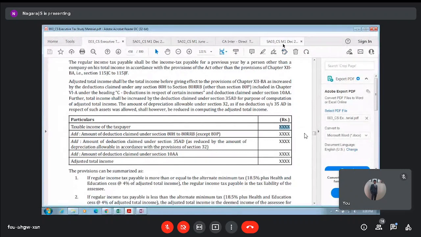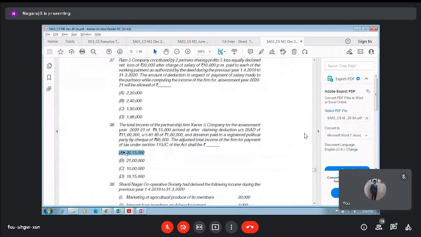Here they have asked adjusted total income. Adjusted total income is this much. Why am I not taking 85,000? Because it is the payment. Whatever they have given in the section heads, 80H to 80RRB, are income-based deductions. 80GGB, GGC is payment-based deduction. That is the difference.